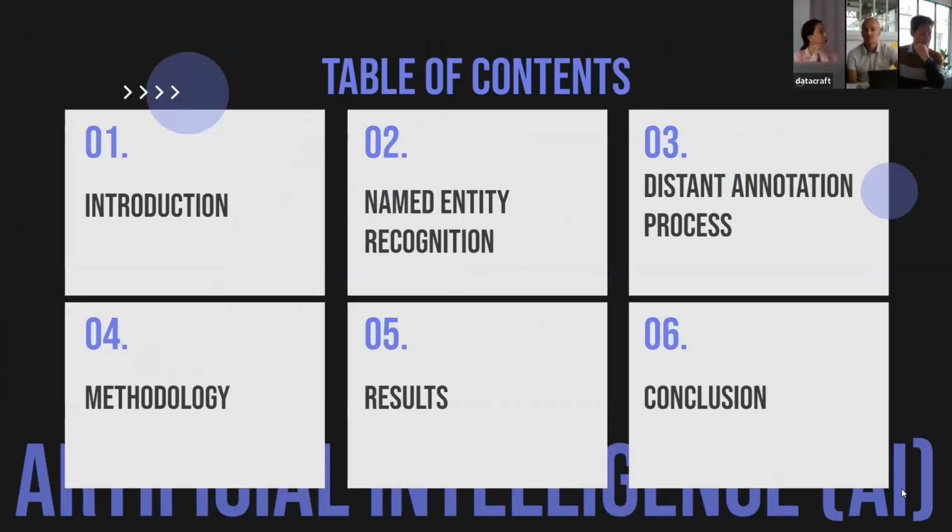So this is the table of contents. At the beginning, I will be introducing the problematic to you and telling you more about the need to have text-to-graph models applied to species descriptions.